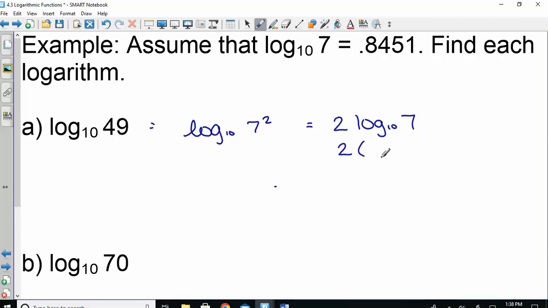And log base 10 of 7 is 0.8451. Okay, so if we plug that in, what do we get? 1.6902.